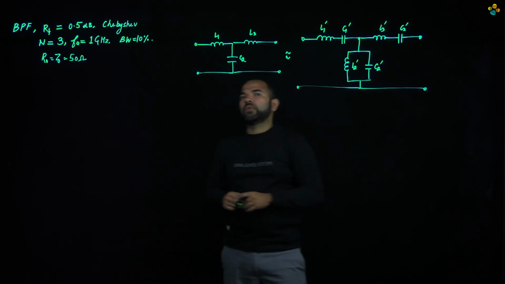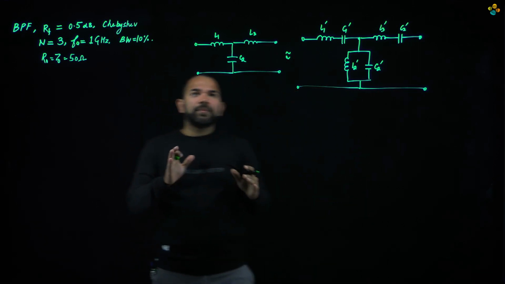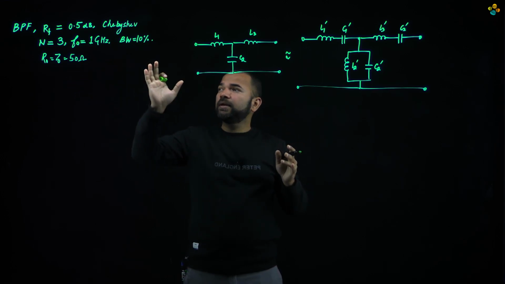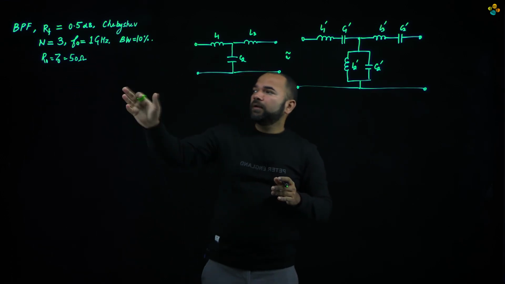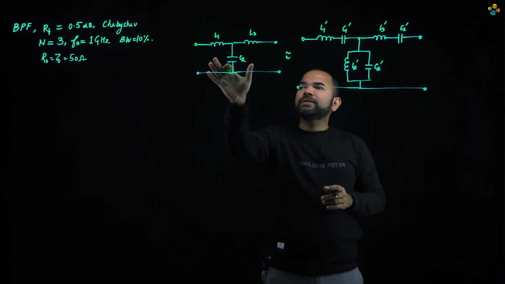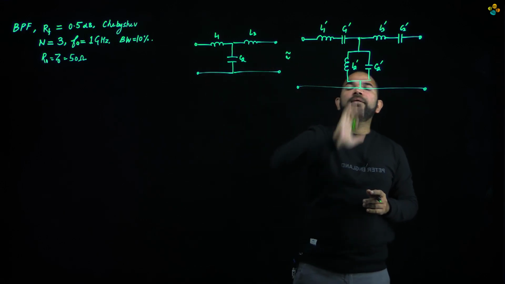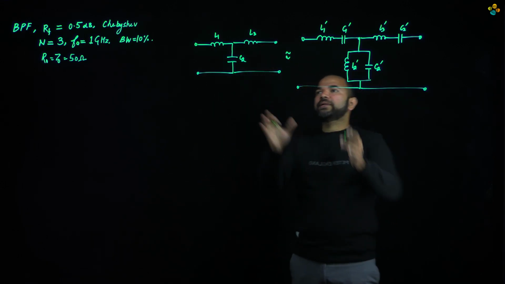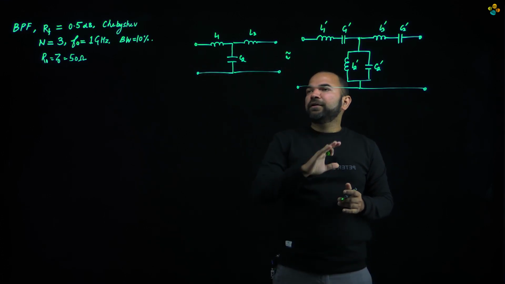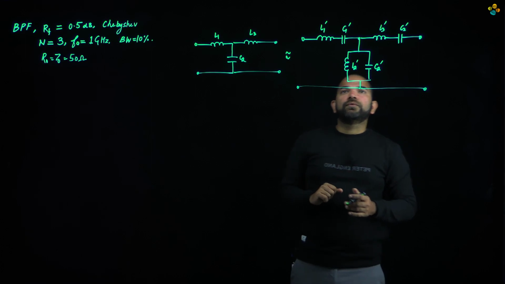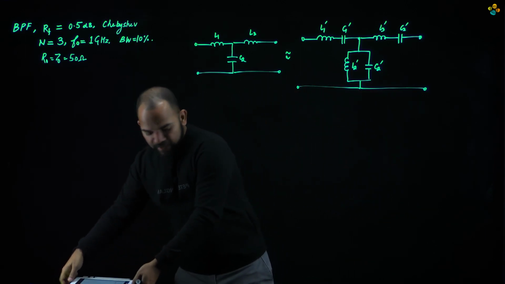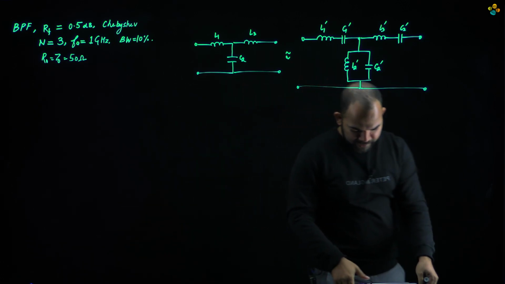So the first step is to design a low pass filter with the cutoff frequency equal to the center frequency given for the band pass filter, and the second step is to convert this low pass filter into an equivalent band pass filter by replacing the series inductor with a series combination of inductor and capacitor, and so forth. We have also seen how we can calculate these values, and we have obtained these expressions.